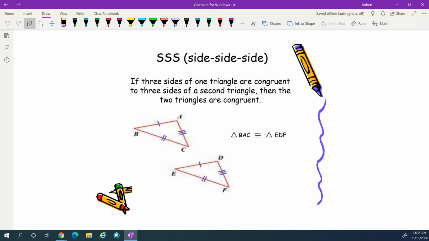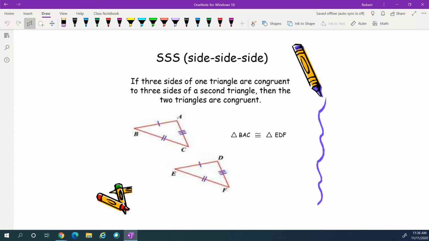If you had three sticks measuring, say, 6 inches, 10 inches, and 12 inches, there's only one triangle that you can make with those sticks. Remember, to be a triangle, the segments have to meet at their endpoints. So there's only one triangle you can make.